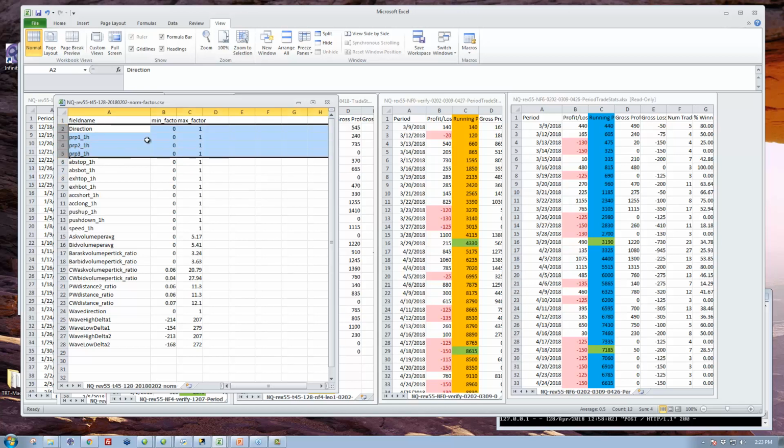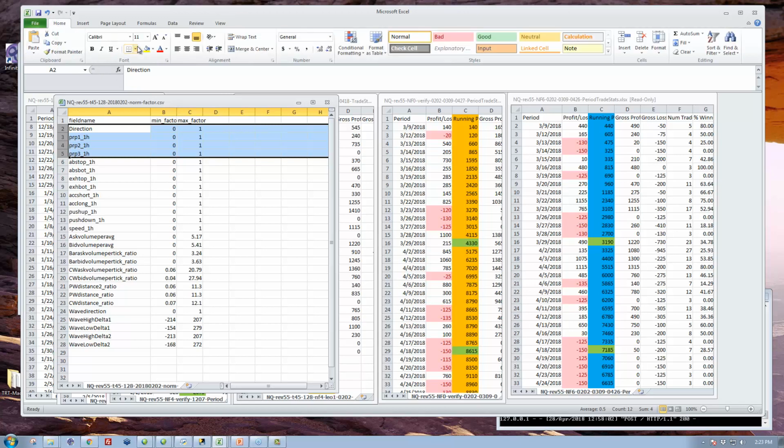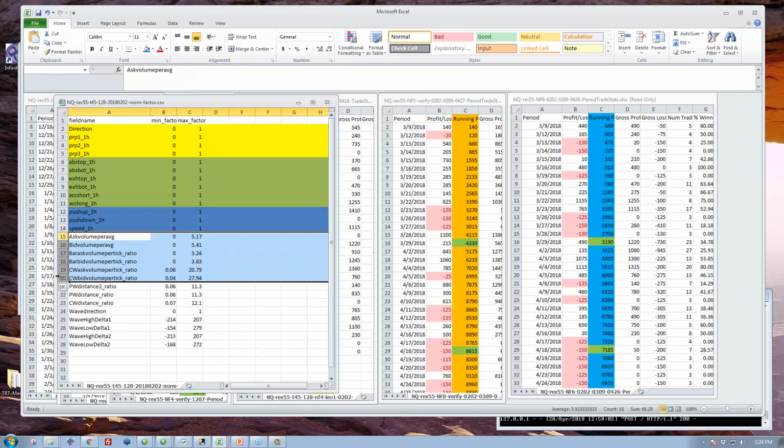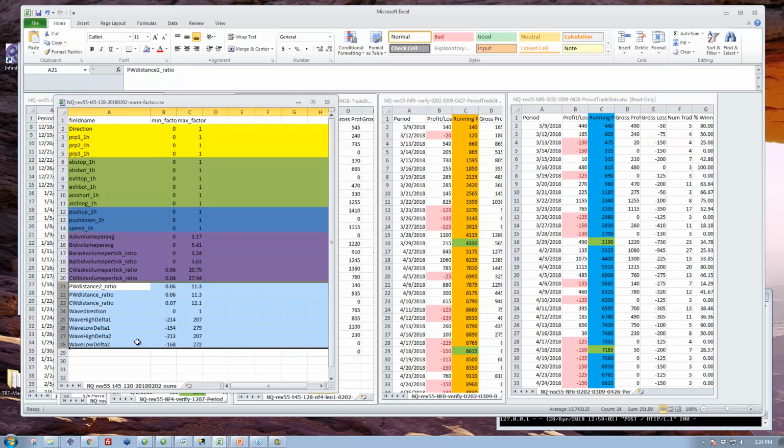Okay, this is a price action category. All right, so this is talking about price action. This is order flow. All right, so this is the order flow fields. This is momentum. Okay, these are wave volume. Okay, and then this is sort of like an environment, meaning where is price now in relation to something else.